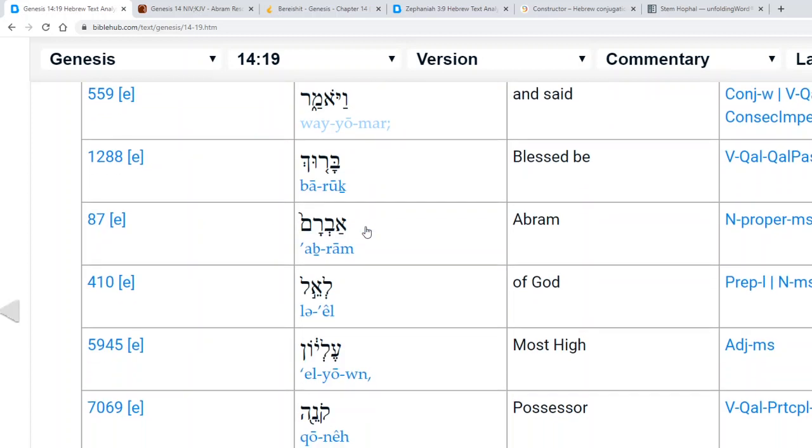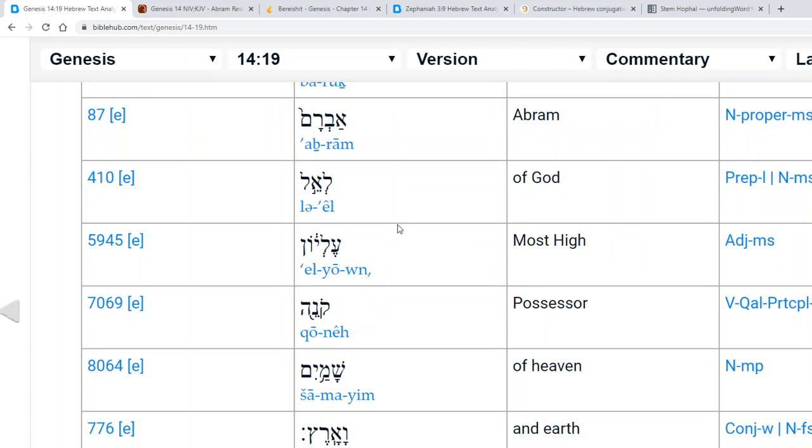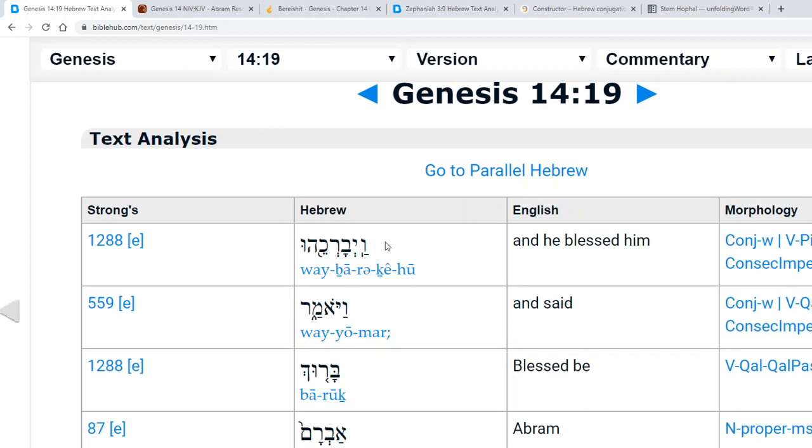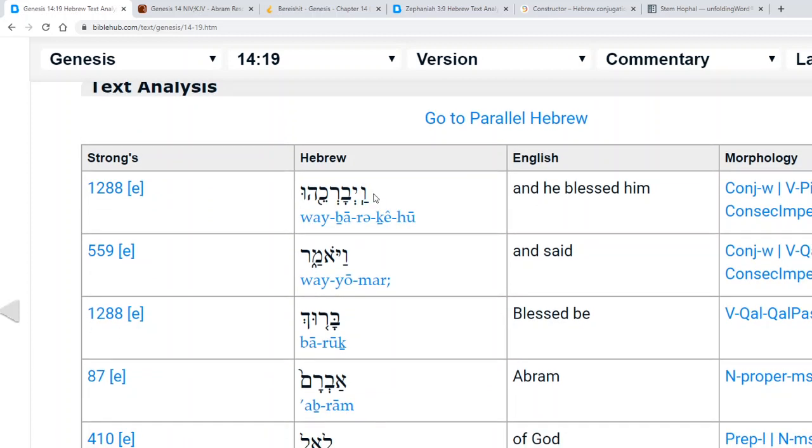Vayevarechehu vayomer: Baruch Avram le'El Elyon koneh shamayim va'aretz. How interesting. Okay. So, conjunctive vav, vayevarech. The root is obviously bet resh chaf, which means to bless. They're saying it's in the Piel, which makes sense. Mevarech is the Piel. It's more intensive.